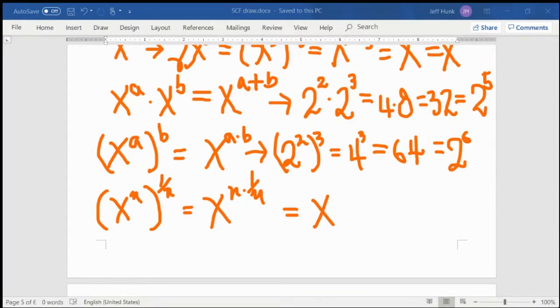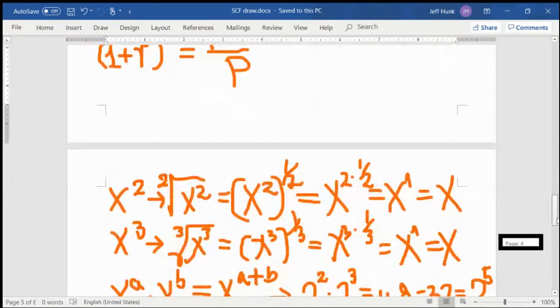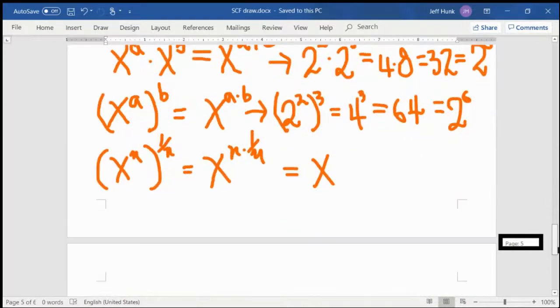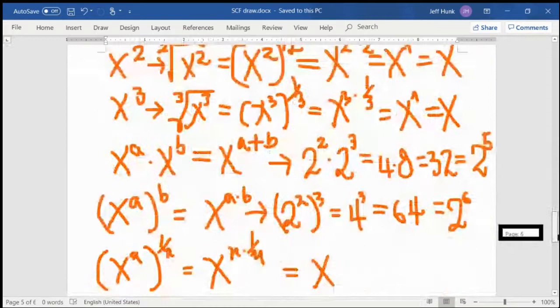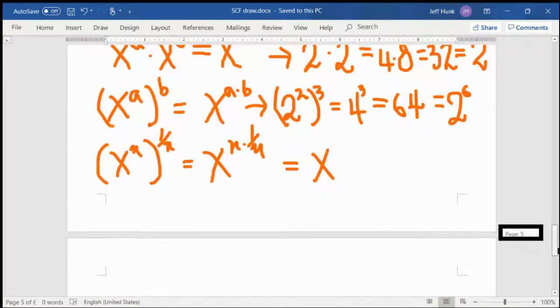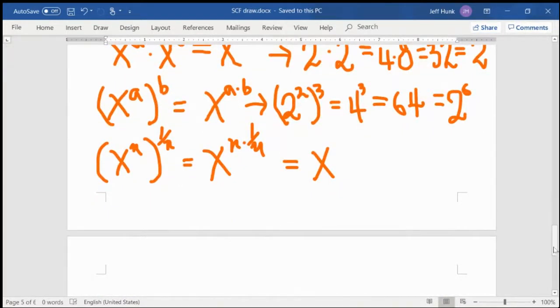So welcome back. To go on with our question about solving for the interest rate, we had to go through basic properties of exponents in the previous video.